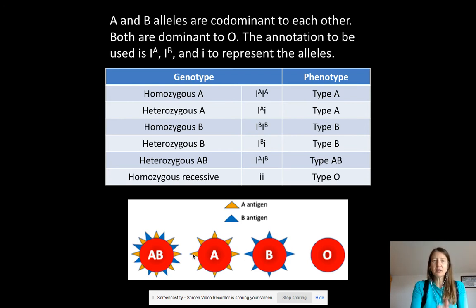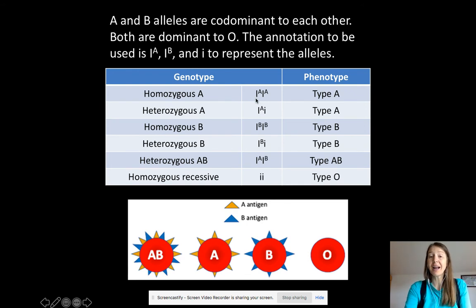All right, so let's look at the genotypes and phenotypes. And so it's a little bit more complicated because it's multiple alleles. So it's not just homozygous dominant and homozygous recessive. So if you have type A blood, you can either be homozygous, so you have both of the A alleles. And notice the alleles that we use to represent this, especially because of the codominance.